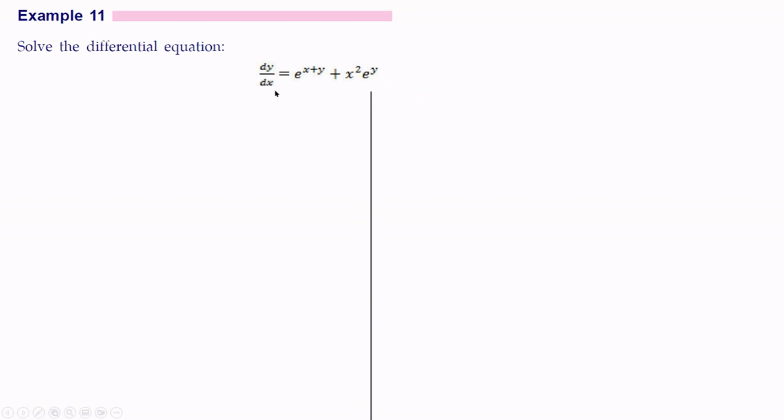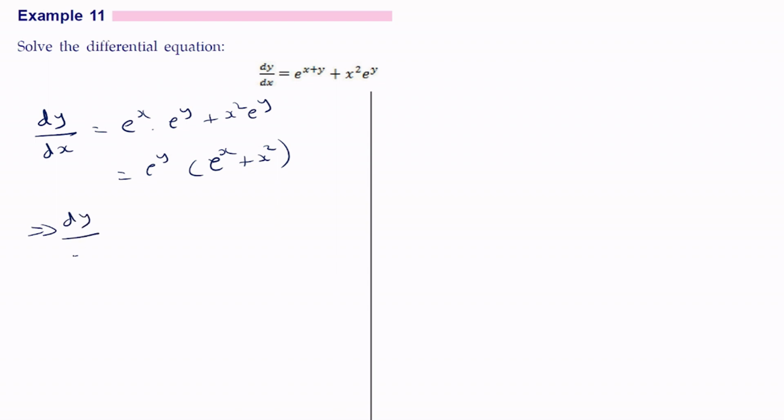Next question, dy by dx is equal to e raised to x plus y plus x square into e raised to y. So let us rewrite this differential equation as e raised to x plus y is e raised to x into e raised to y, plus x square e raised to y. So e raised to y is common, we can take it outside, into e raised to x plus x square.